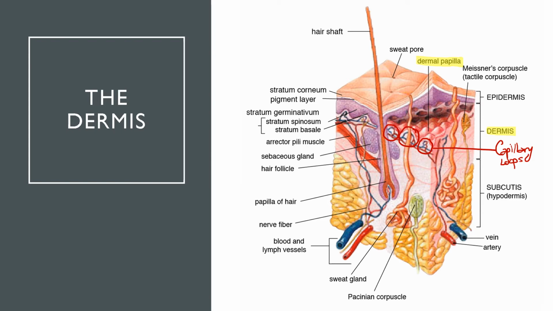Some dermal papillae also contain corpuscles of touch. These are also called Meissner's corpuscles. These are going to be nerve endings that are sensitive to touch. There are even some other dermal papillae that contain free nerve endings. We can actually see one right here in this dermal papilla.